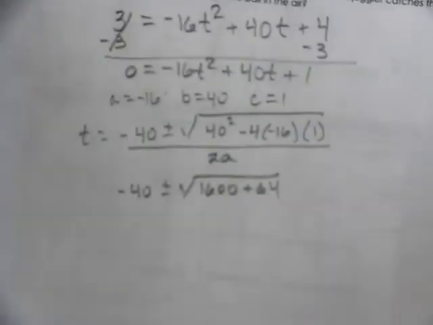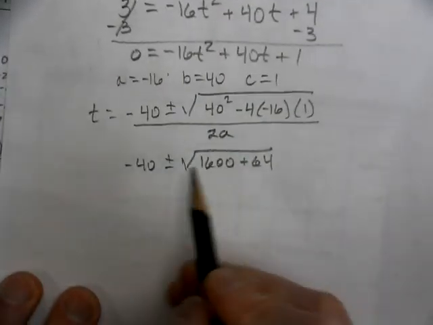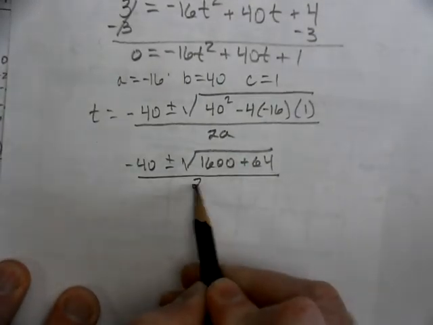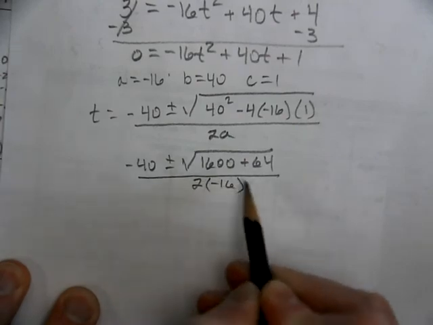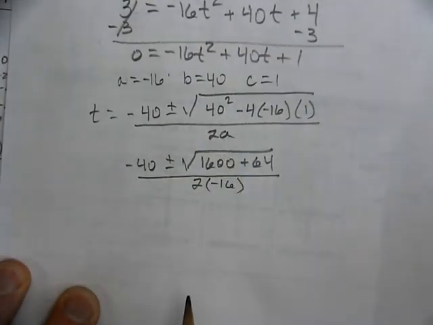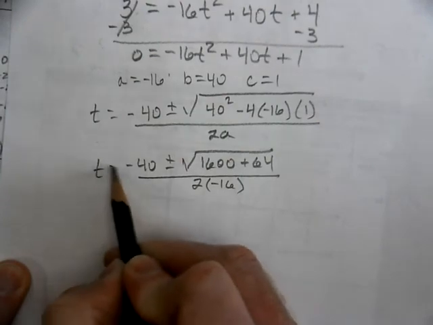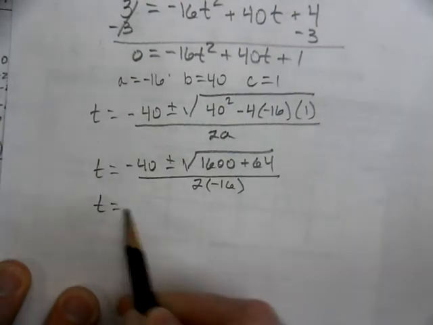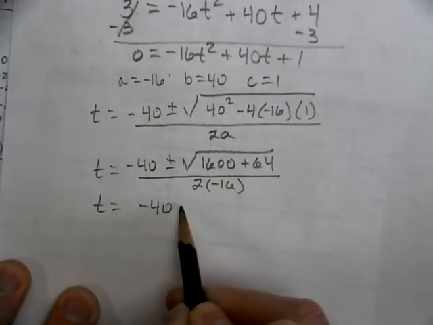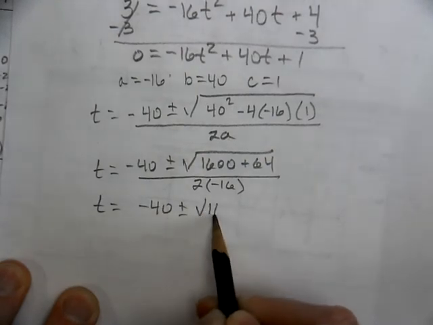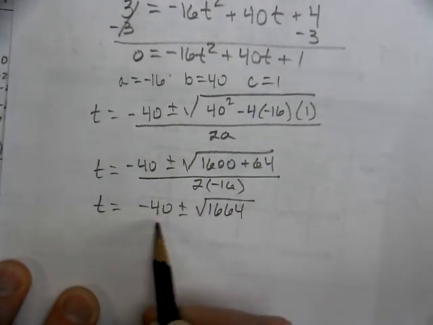So that's -40 plus or minus the square root of 1600 plus 64 all over 2 times a. And I could have plugged it in there, I guess, but we'll plug it in now. So t equals -40 plus or minus the square root of 1664.